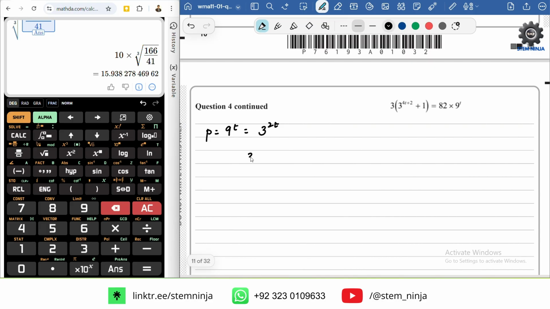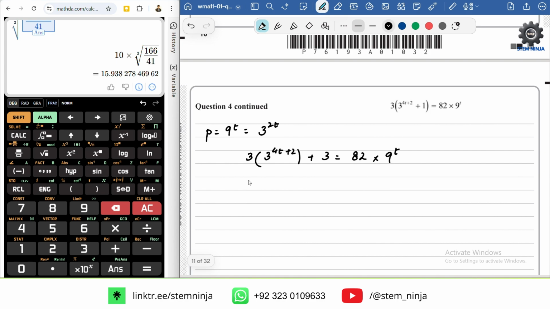One by one. 3 to the 4t plus 2, plus 3, equals 82 times 9 raised to power t.